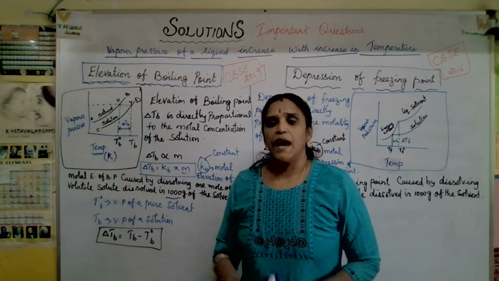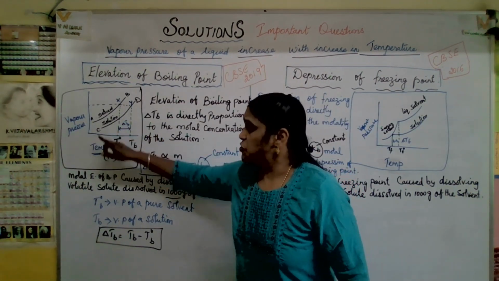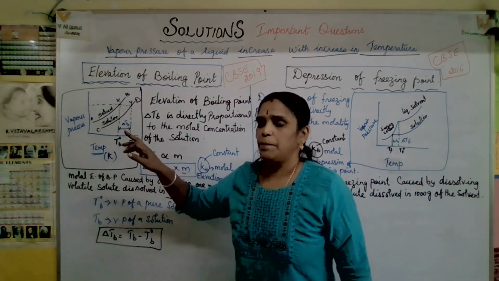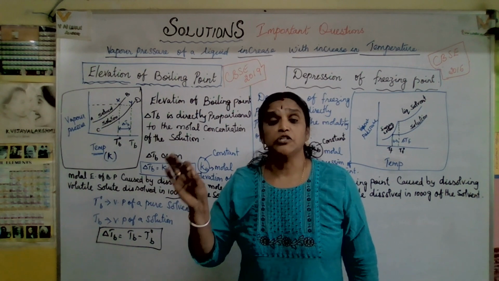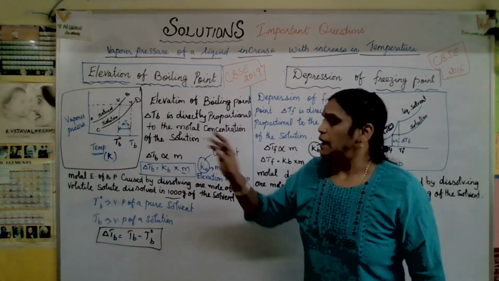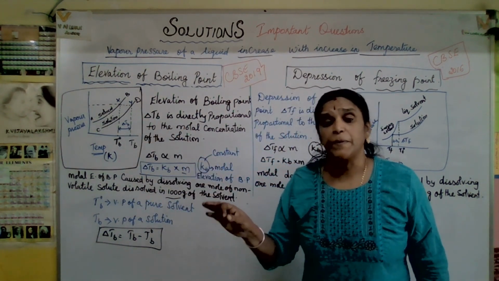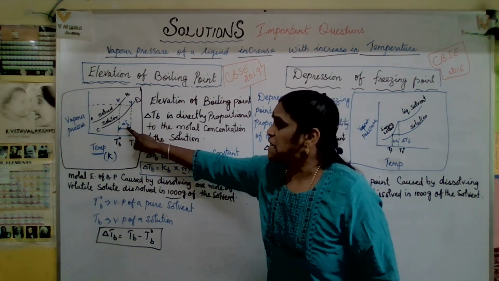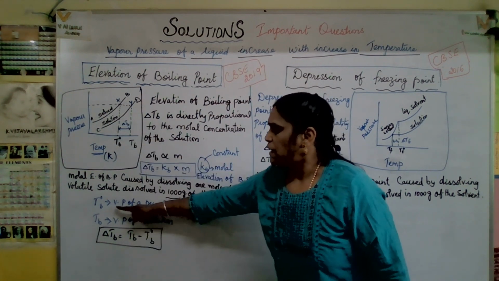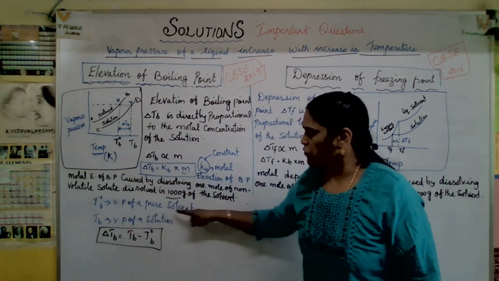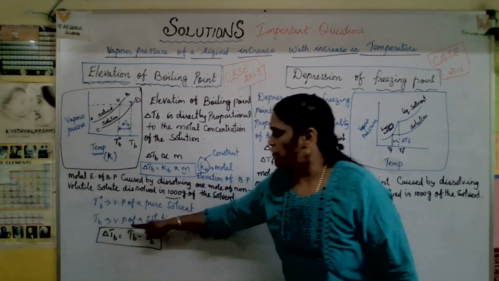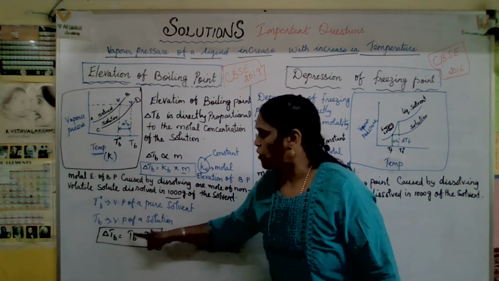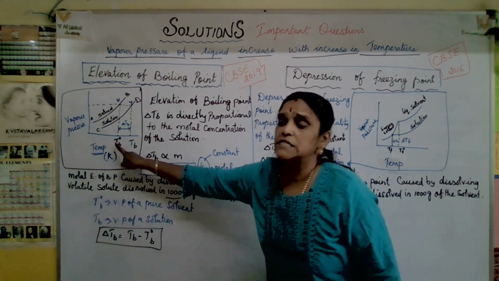In this graph of vapor pressure and temperature, curve AB represents the vapor pressure of the pure solvent, and CD represents the vapor pressure of the solution. The small difference between them is delta TB equals TB minus T naught B.